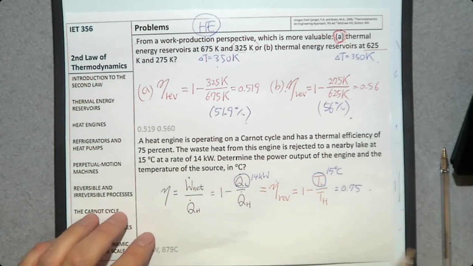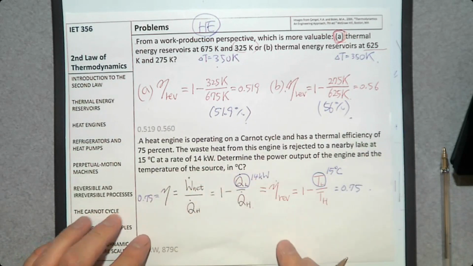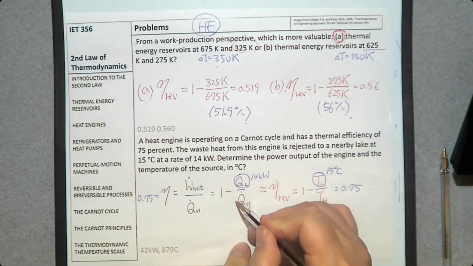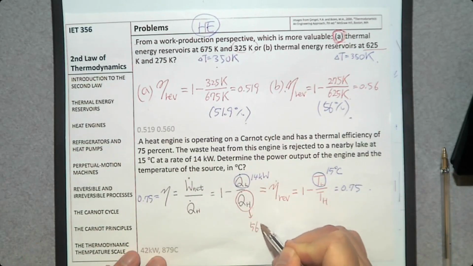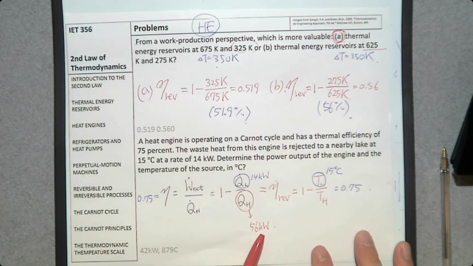Since we know the efficiency is 0.75, from this equation you can determine Q dot H. Q dot H is going to be 56 kilowatt. So this heat engine absorbs heat at the rate of 56 kilowatt and rejects heat at the rate of 14 kilowatt.